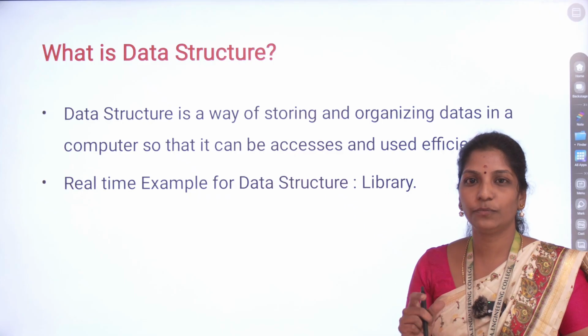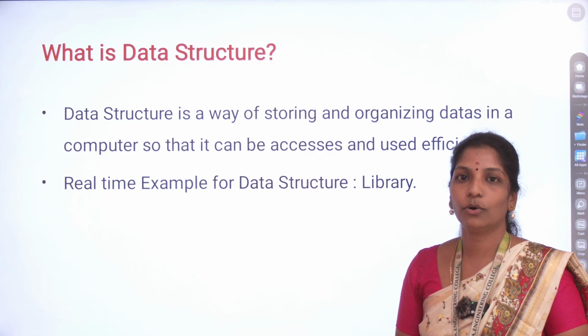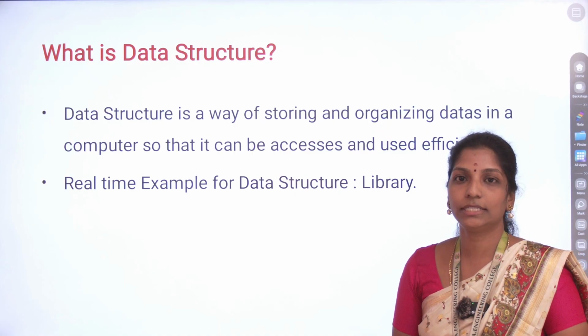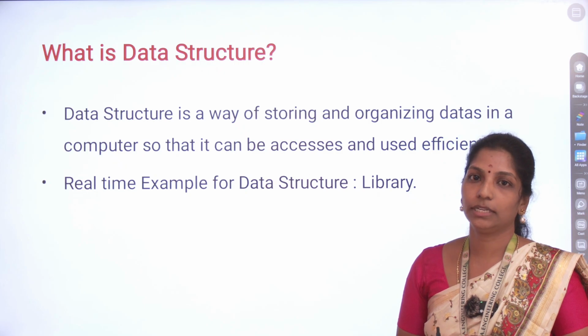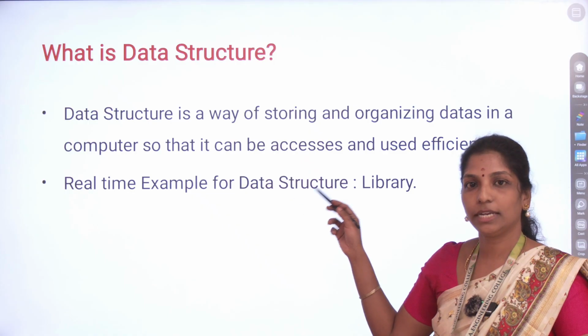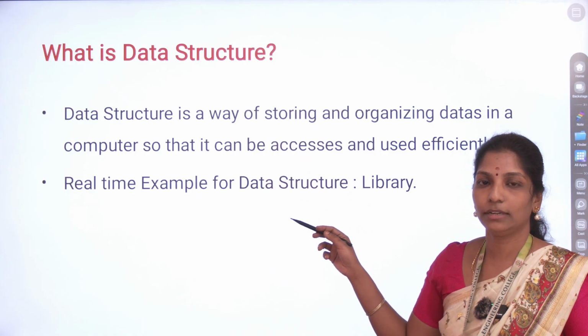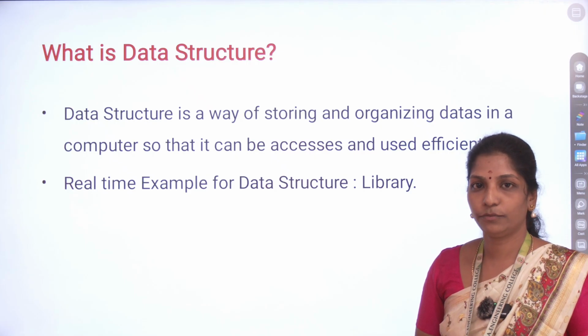We consider each book as data. So here we have a collection of books. All the books are arranged and organized in a special way so that we can access a book efficiently. Similarly, in a data structure, the data is arranged and organized in such a way that whenever it is needed, we can access and retrieve the information efficiently.